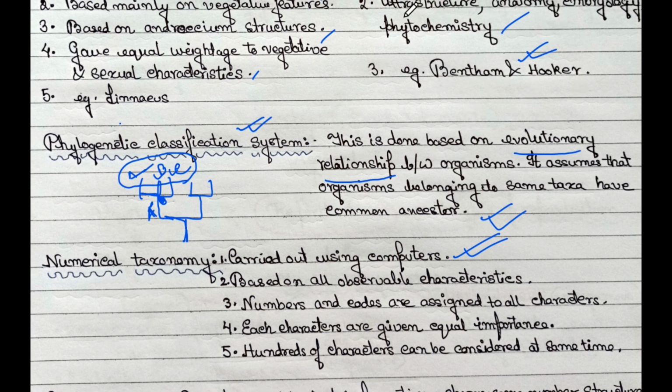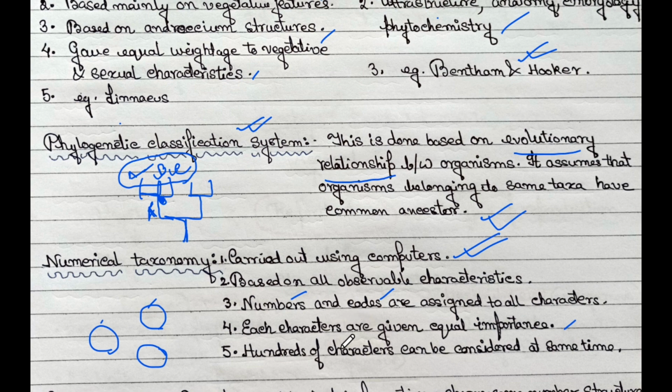Characters like ultrastructure, anatomy, embryology are given certain numbers and codes, and then they are run with a particular algorithm where each character is given equal importance, and they are classified into different groups based on the numbers and codes given to the characters.